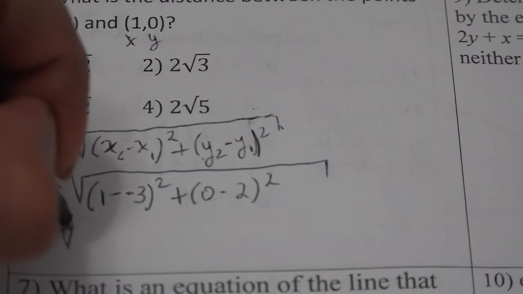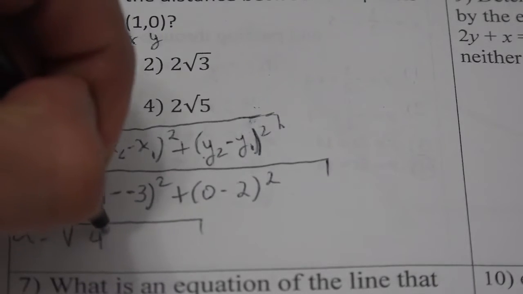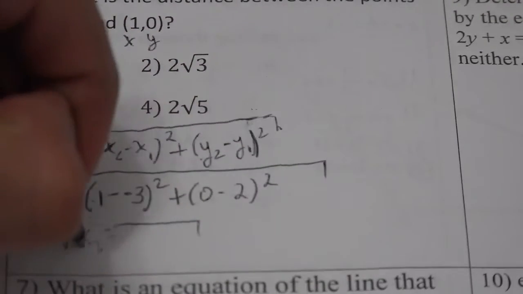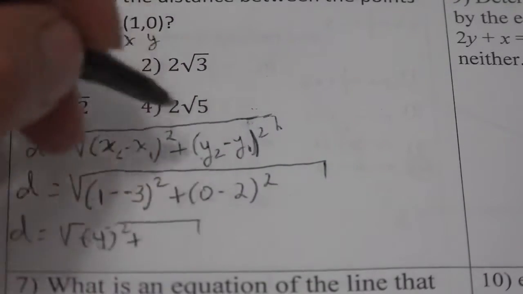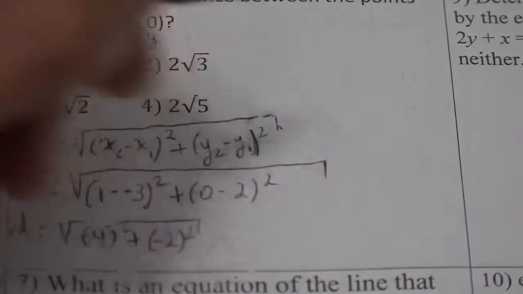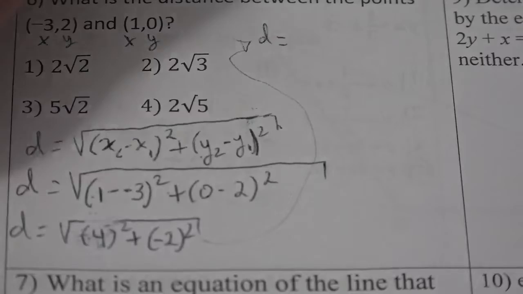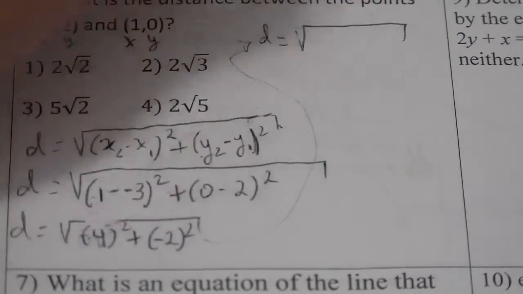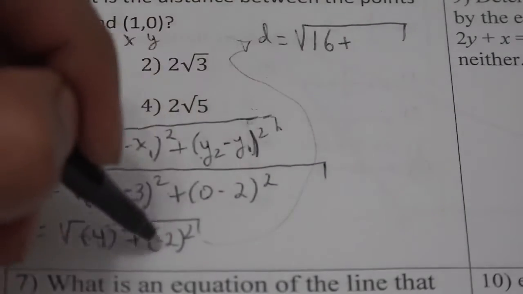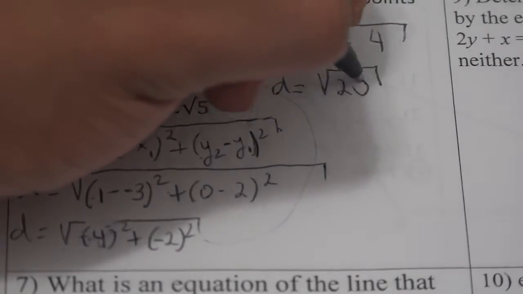So D is 1 minus negative 3, which is 4, squared, plus 0 minus 2, which is negative 2, squared. So D equals 4 squared, which is 16, plus negative 2 squared, which is 4. So I end up with the square root of 20.